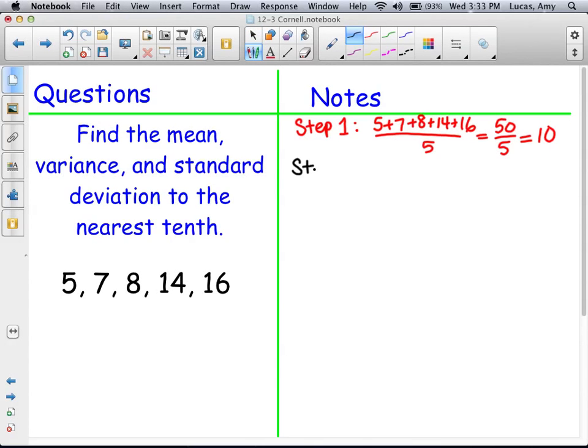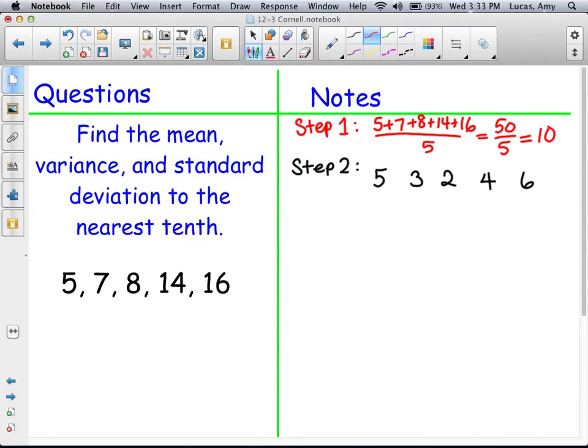So our mean is 10. Step 2, the distance each number is from 10. 5 is 5 away. 7 is 3 away, 8 is 2 away, 14 is 4 away, and 16 is 6 away.